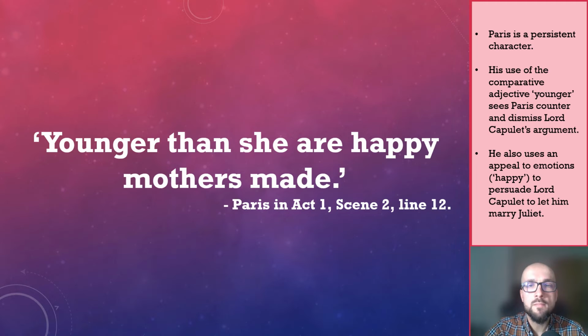Although Lord Capulet may not be the greatest father in the world, being told that Juliet will be happy when she marries Paris because other young women are happy when they get married is hardly something that the Capulet's patriarch can dismiss. Through his persistence and use of logic, we see that Paris really is used to getting his own way then. This perhaps reveals to us just quite how powerful he is within Veronese society, because he is not used to taking no for an answer.